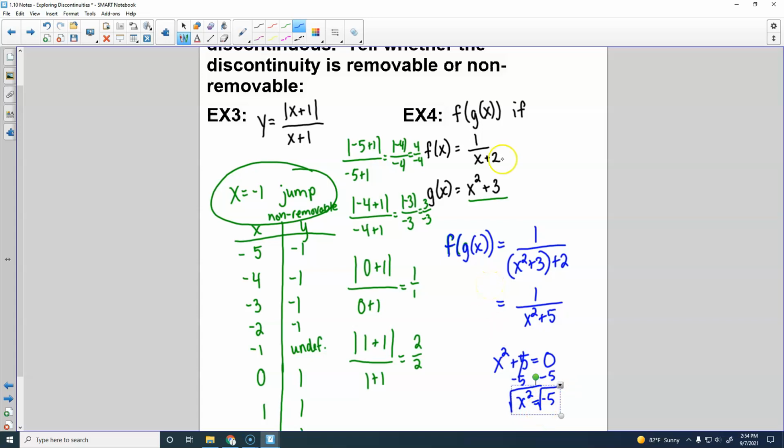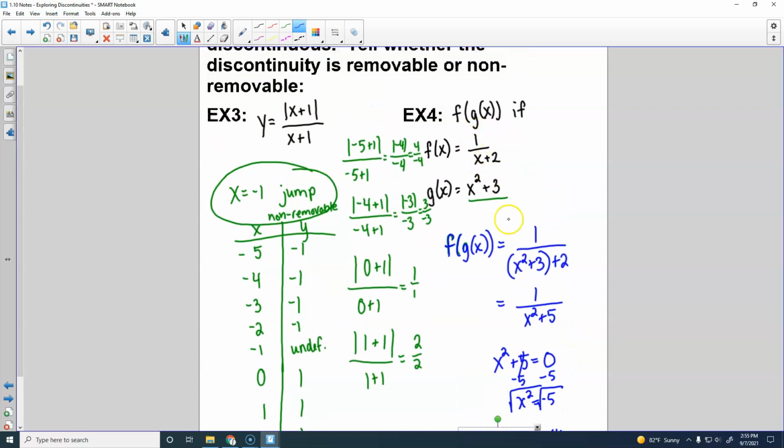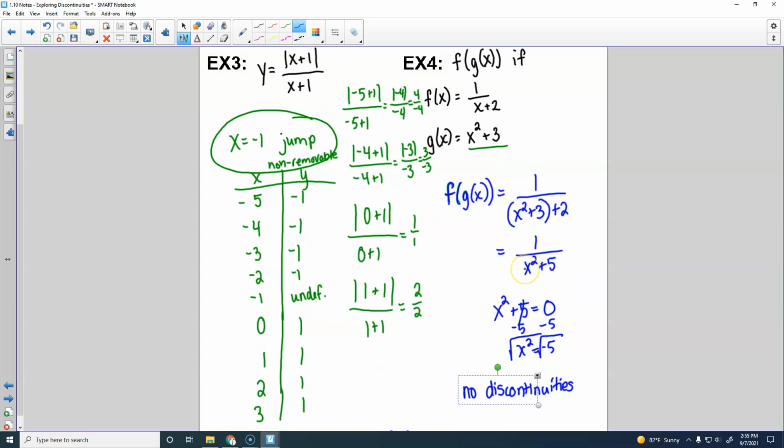So this would have no discontinuities. And if you think about it, there's nothing you could plug in to make that 0, because if you plug in negative 4, or negative anything, when you square it, it becomes positive.